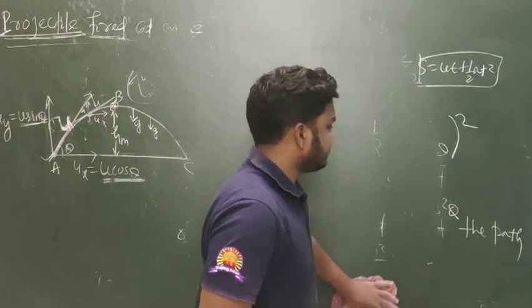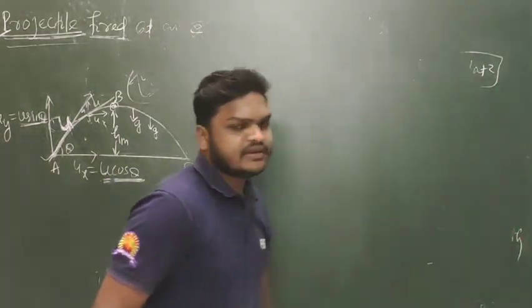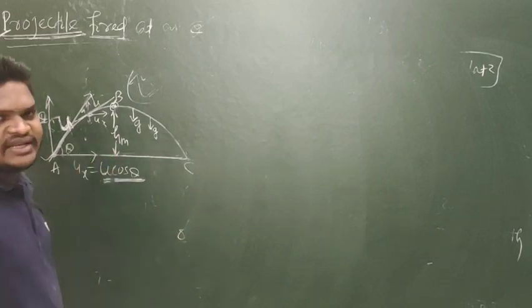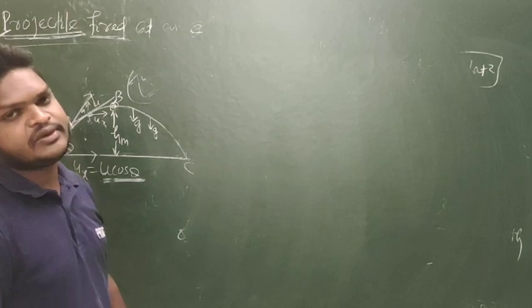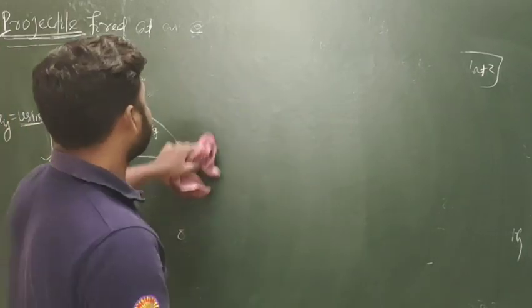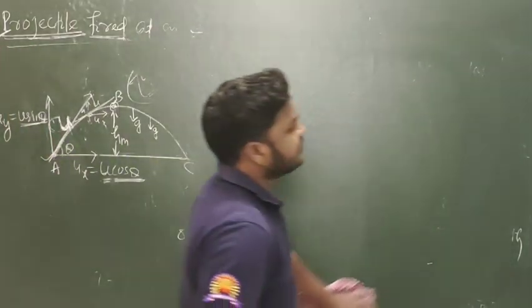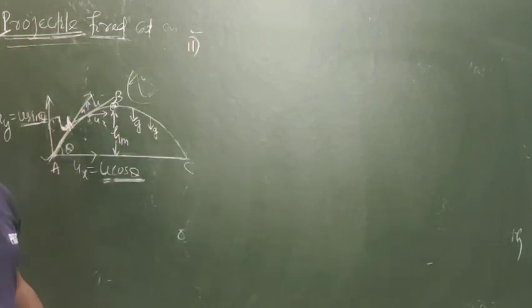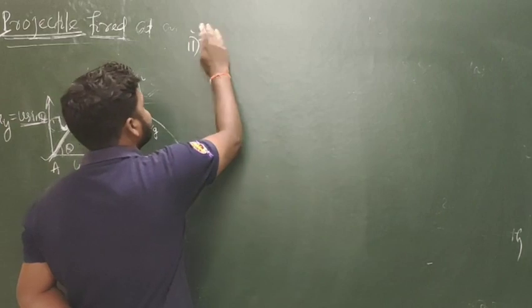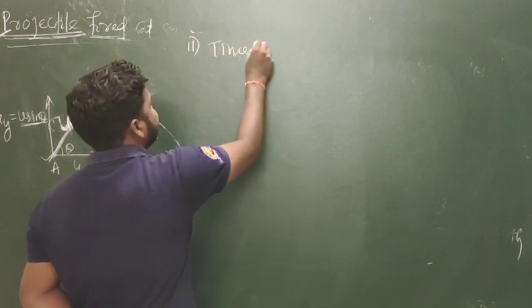This equation is known as the equation of trajectory, because the path of a projectile is said to be the trajectory path, and that is parabolic. Then the second condition, we calculate the time of flight.